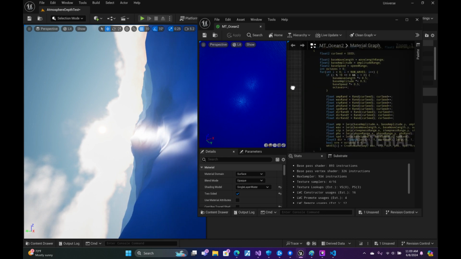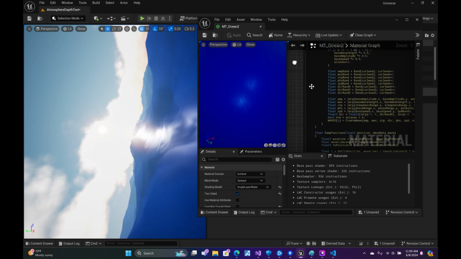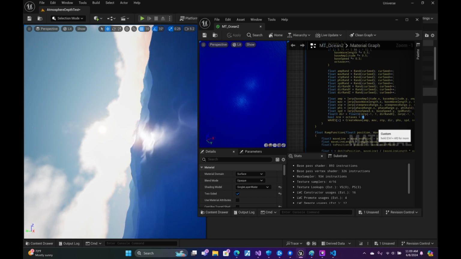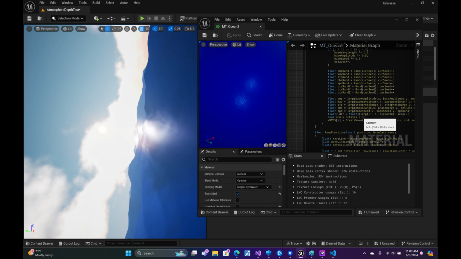So at 10 we only get 6 octaves, so this is actually only doing the last 2. So I think here we'll do 3. That's going to take waves out. Let's try 2.